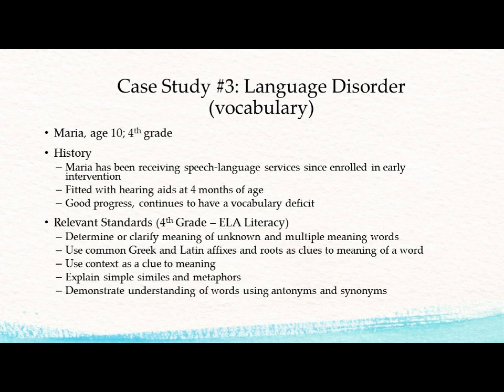So, looking first at the relevant standards in 4th grade, in the area of vocabulary or semantics, students need to be able to determine or clarify meaning of unknown and multiple meaning words, use common Greek and Latin affixes and roots as clues to meaning of a word, use context as a clue to meaning, explain simple similes and metaphors, and demonstrate understanding of words using antonyms and synonyms.